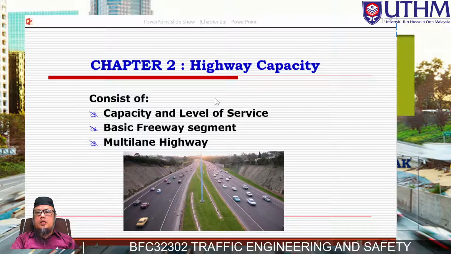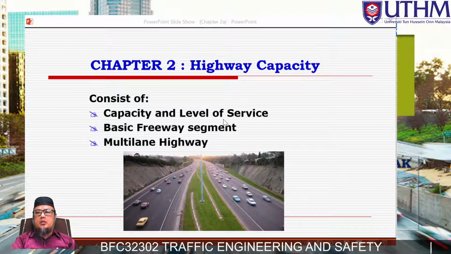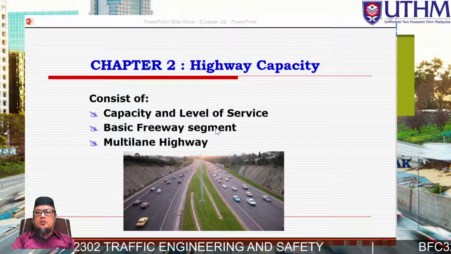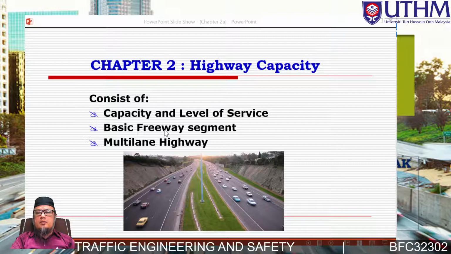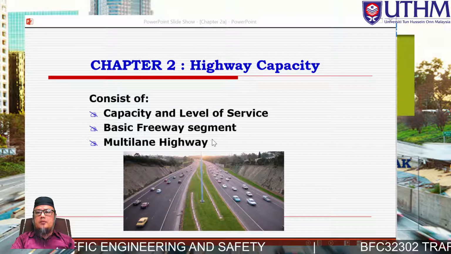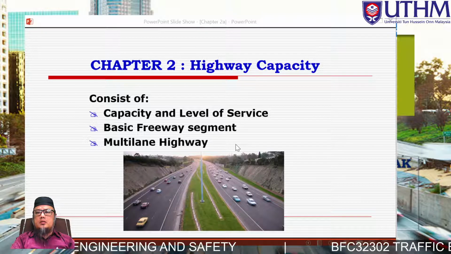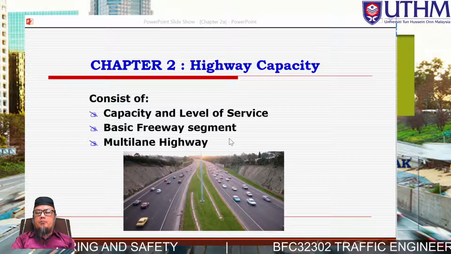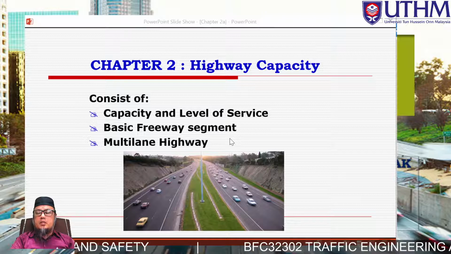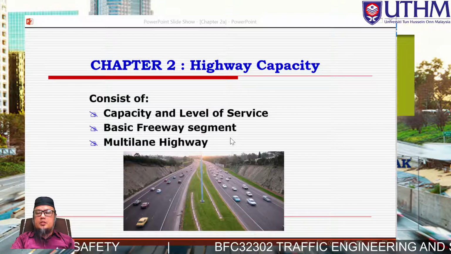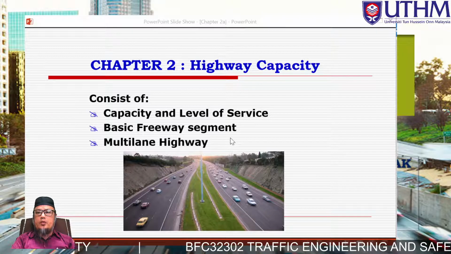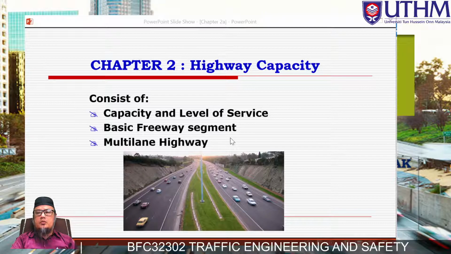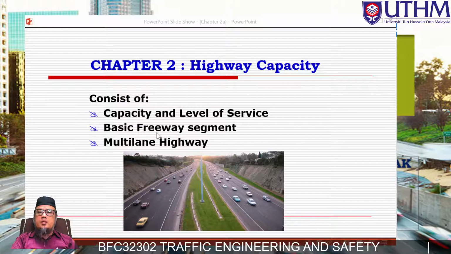Actually, highway capacity involves many facilities, not only these, but also other typical facilities such as ramp facilities, weaving sections, and two-lane highways. But for this course, we only cover freeway and multi-lane.